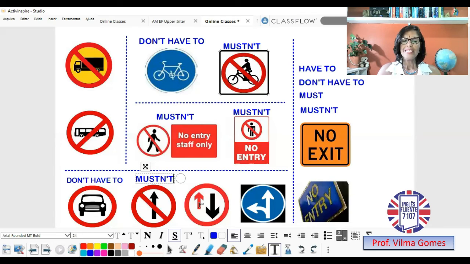Very good. Now look at this one on the side. What does this sign indicate? It's a two-way lane, isn't it? So cars go through one lane and cars come through the other lane, right? Very good. So is there any prohibition here? No. So look at how interesting.